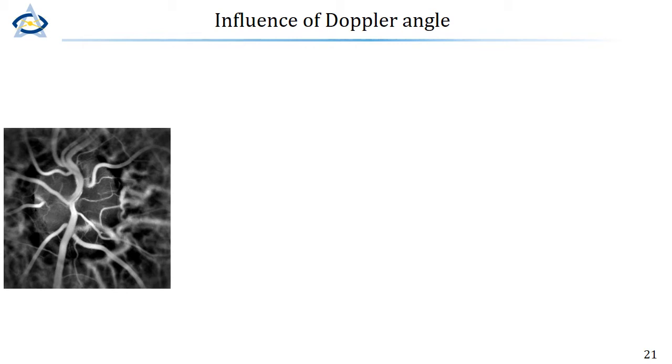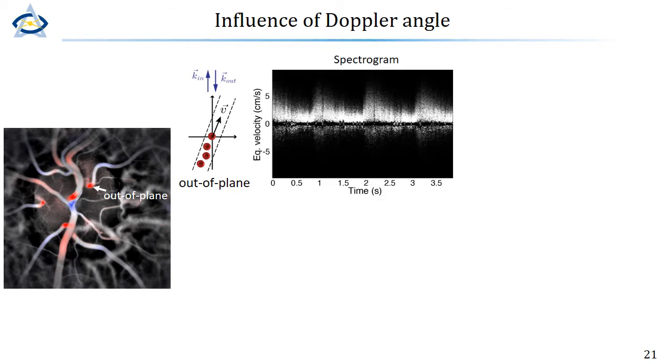Let's look at the influence of the Doppler angle. To do that, we take another example. We apply the directional blood flow contrast to identify two regions of interest. First, we are going to look in the same vessels at the out-of-plane section, and we see here that the blood flow is upward, and we find a similar spectrogram. This time there is a little bit of energy on the negative side, which is probably due to multiple scattering.